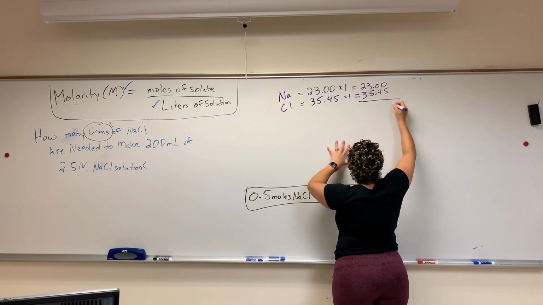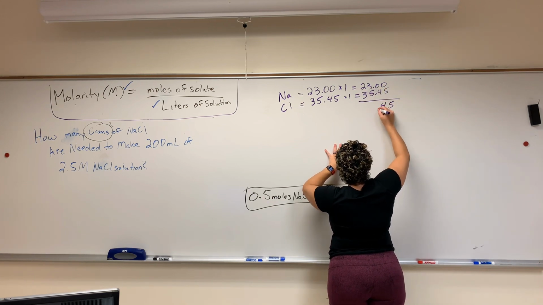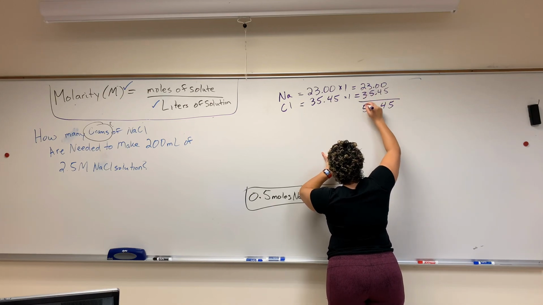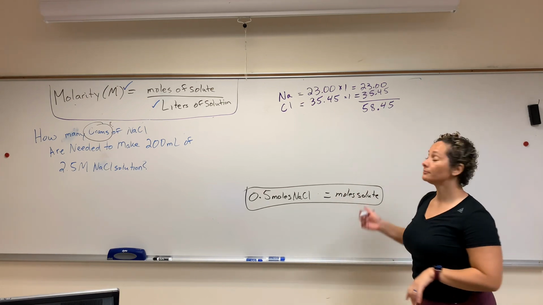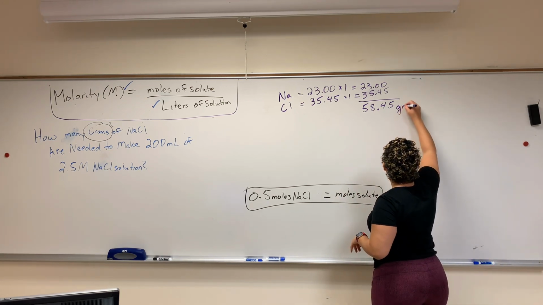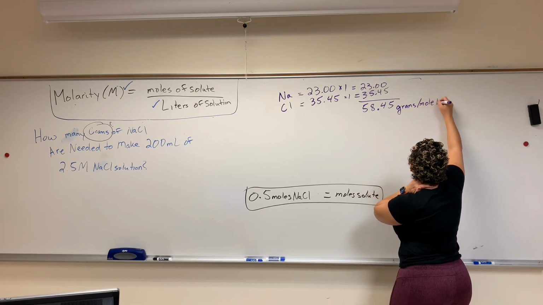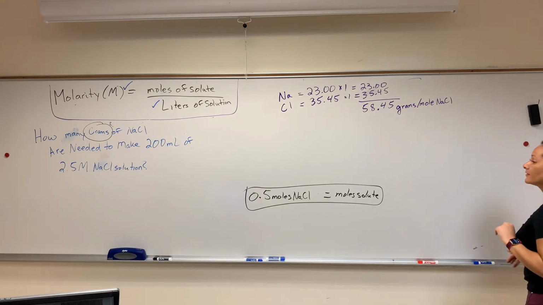Add them together: 0 and 5 is 5, 0 and 4 is 4, 3 and 5 is 8, 2 and 3 is 5, so 58.45, and it has a label, and the label is grams per mole. So, grams per mole sodium chloride. Now remember, that's a conversion factor.